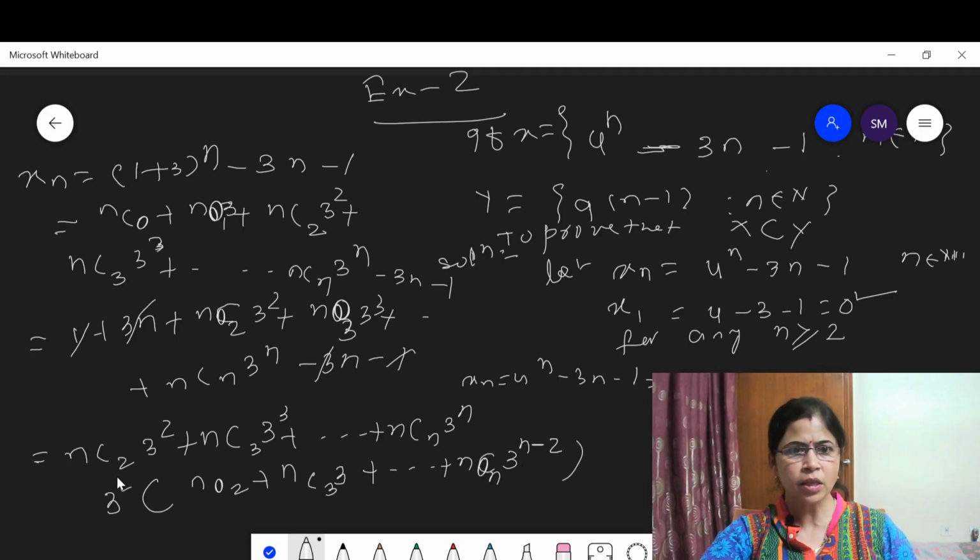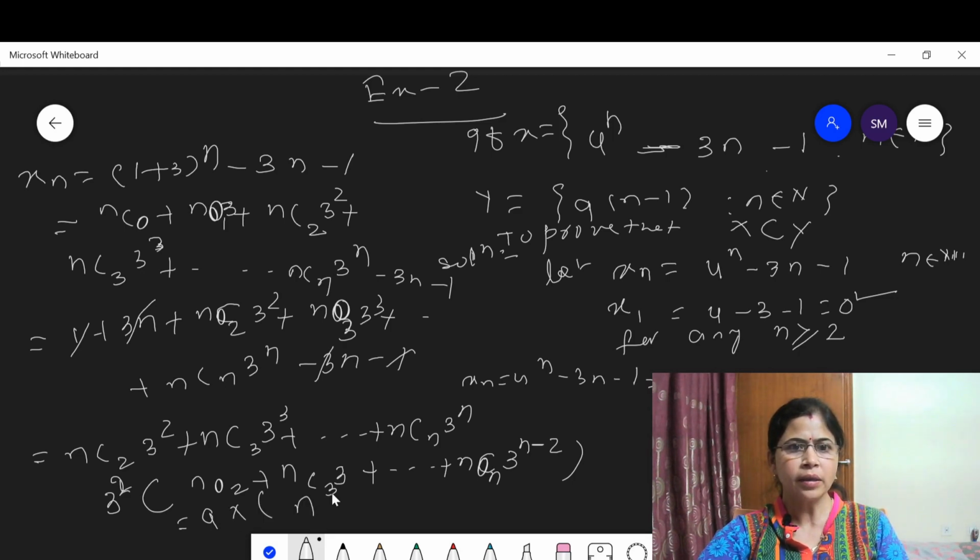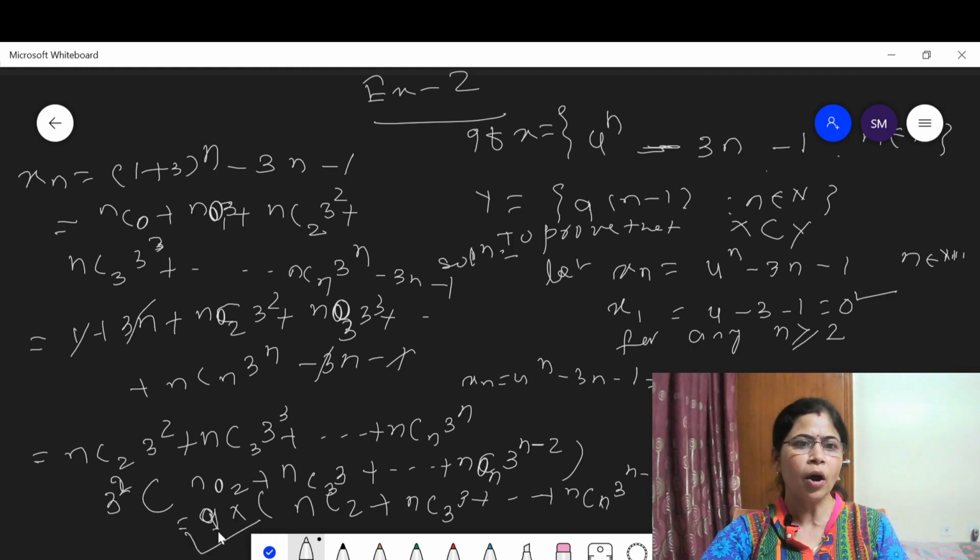Then 3 square is 9, so this is equal to 9 into nC2 plus nC3 3, and so on up to nCn 3 to the power n minus 2. This means this is a number which is a multiple of 9.